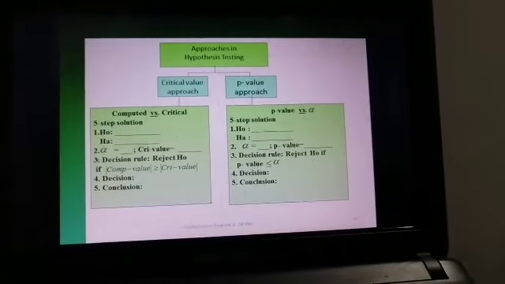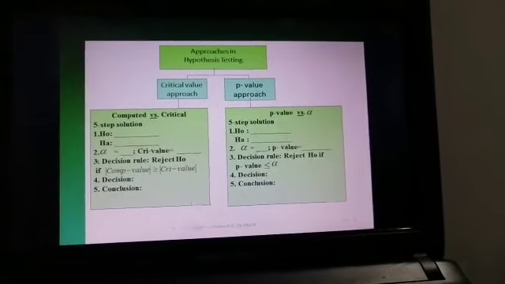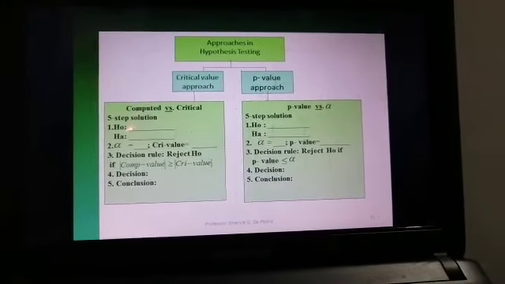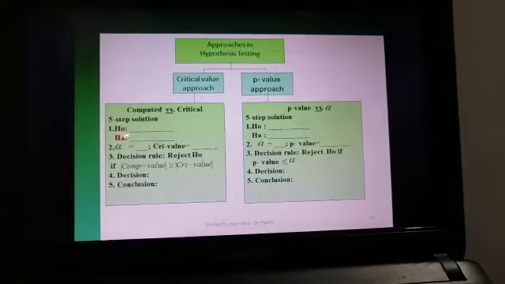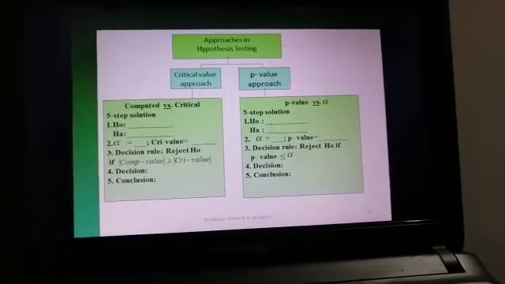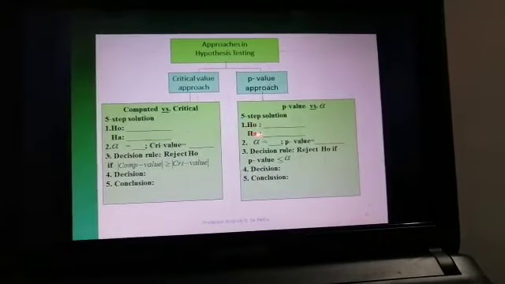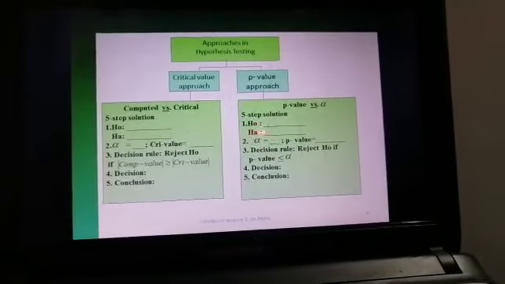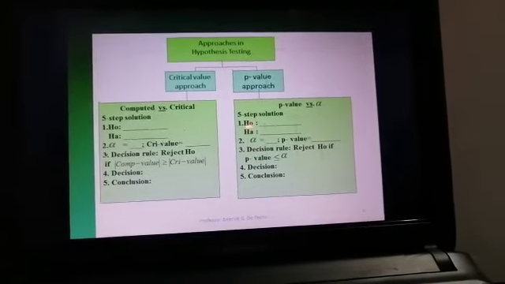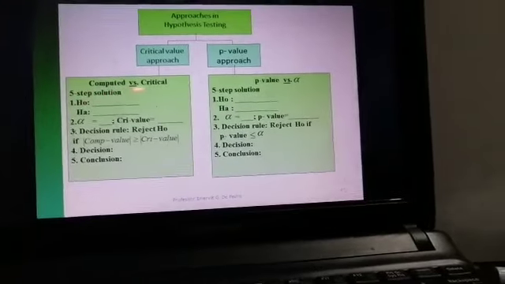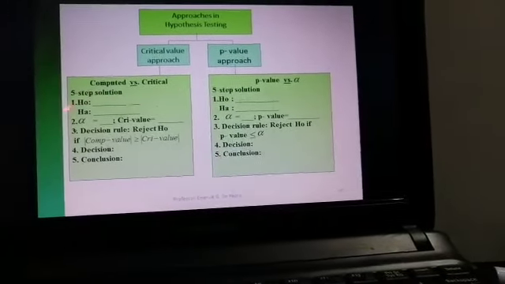But you may also get the p-value yourself, no. For critical value approach, again, you have to formulate the null and alternative hypothesis, which I already taught you, no, in the past weeks. You have to do the same thing in the p-value approach. So in both, you have to formulate null and alternative hypothesis.